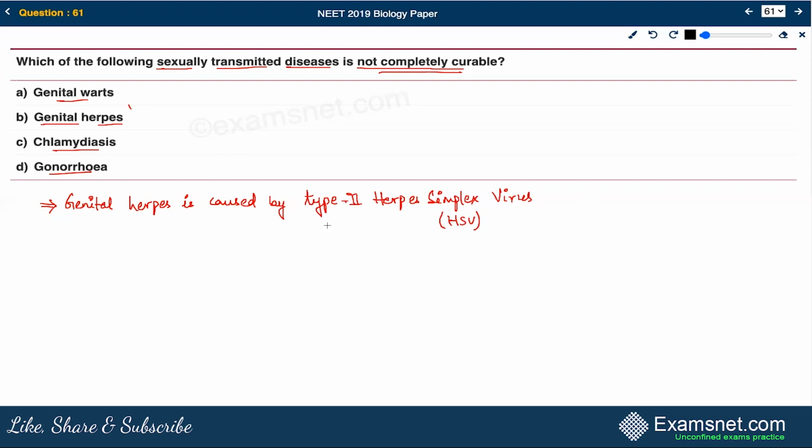There are other STDs also which are considered not curable, like hepatitis B and HIV, that means human immunodeficiency virus causing AIDS, which is also not curable.